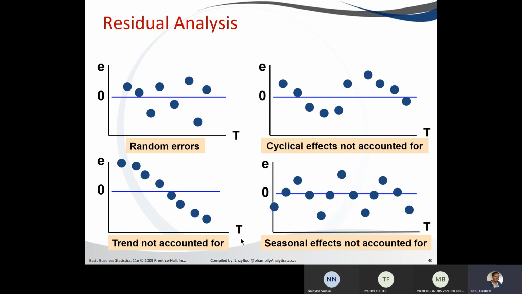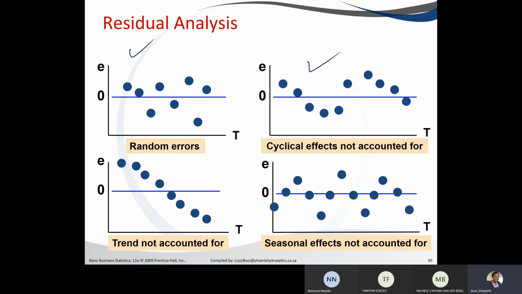So for example, here we're looking at the types of errors that can be there. If we look at the first, these are just random errors. The second shows errors that form part of some cyclical effects, which means the cyclical effects are not accounted for in the model that we used.